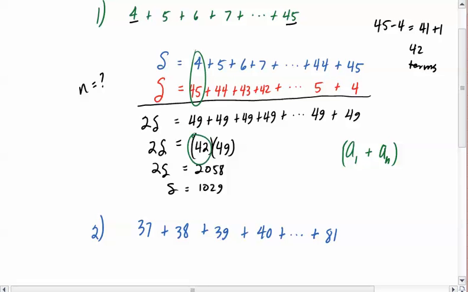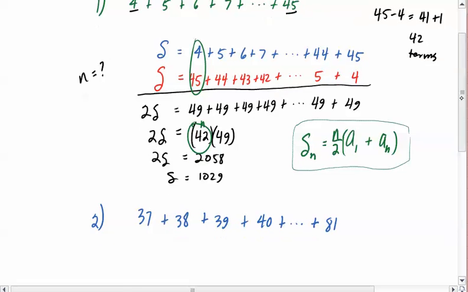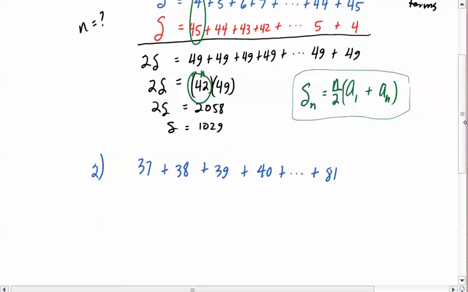Then we took the number of items, there's the n, the number of items, and we ended up really dividing that number by 2. So watch this. The formula for finding the sum of a finite arithmetic series is that right there. And we just discovered how we got it. Pretty cool.